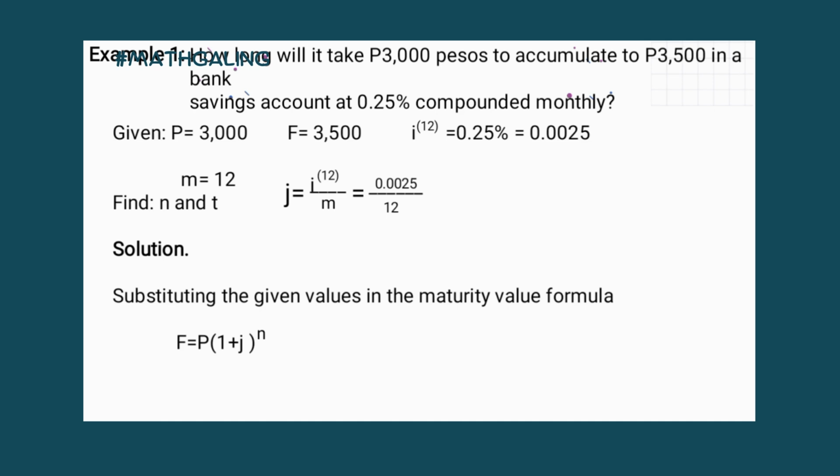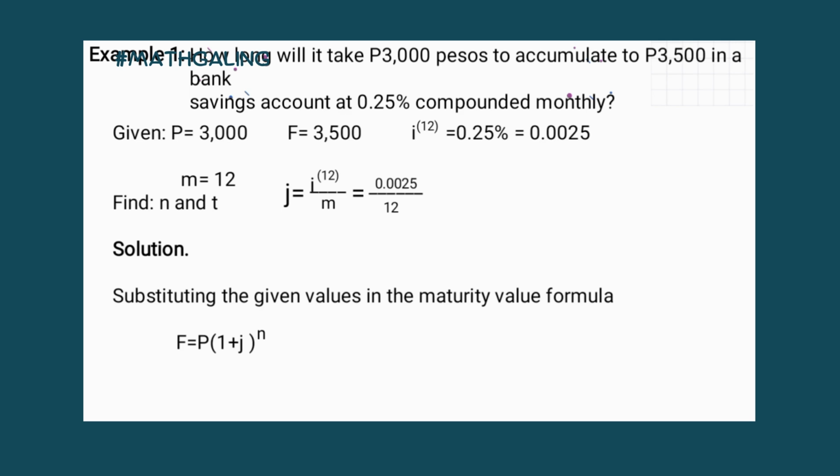And we need to convert this into decimal, that's why 0.0025. And m is 12 and G is equal to i raised to the power of 12 over m is equal to 0.0025 over 12.